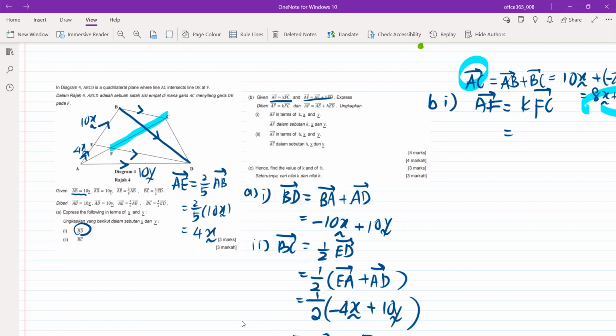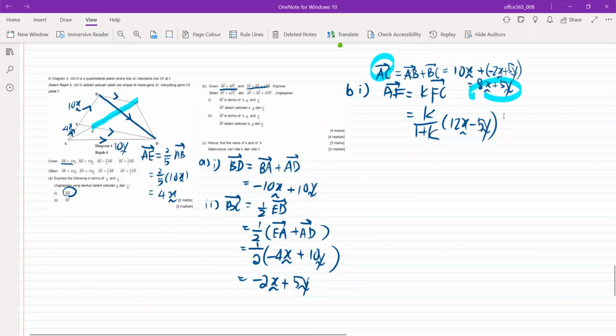Very hard. Think about the direction. In terms of k, your answer should be k over 1 plus k. I want you to see how to get this answer. 12x minus 5y. Can you link this answer?